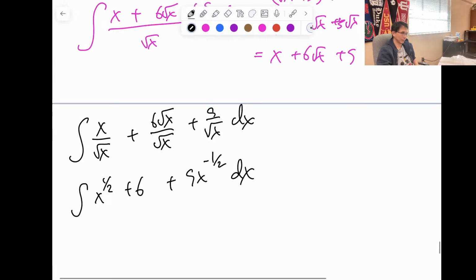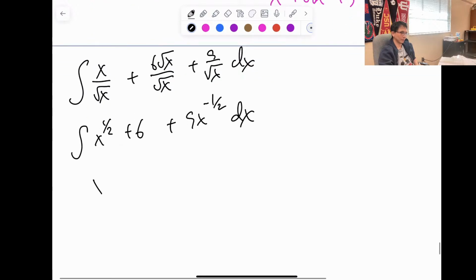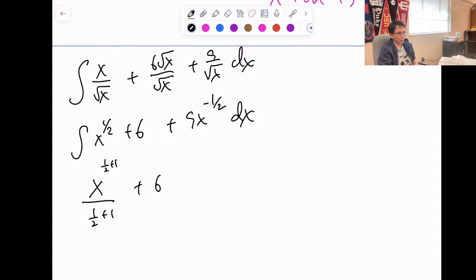The way you think about it, it's not a constant by itself. Now, have I taken the integral yet? So it's 1/2 plus 1 over 1/2 plus 1, right? I don't really write that out anymore, but I'll write it out for you.